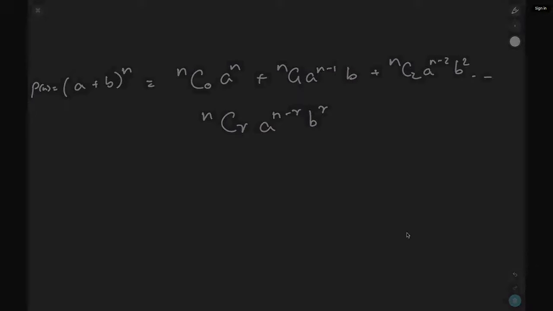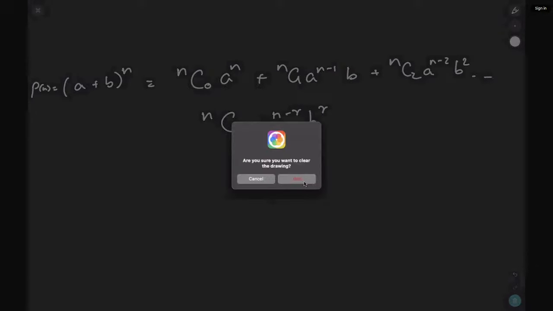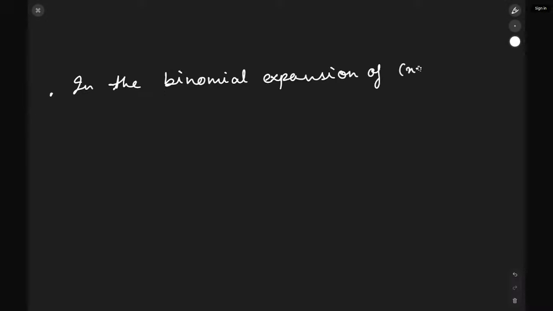Now some properties of the binomial expansion. In the binomial expansion of (x + y) to the power of n, the number of coefficients is n + 1.